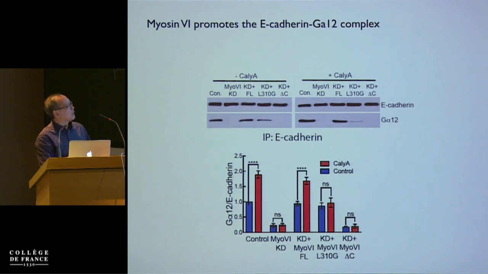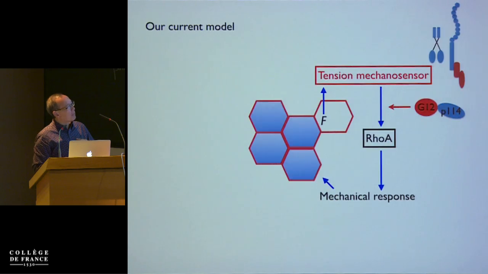And again, one piece of data, namely if we just do IPs, co-IPs, looking at the amount of G-alpha-12, the upstream Rho activator, that binds to E-cadherin, it goes up when we apply force, but it doesn't go up if we knock down myosin 6 or replace the myosin 6 with this force-insensitive mutant of myosin 6. So the pathway, we think, looks something like this, where myosin 6 is the tissue mechanosensor that then entrains this Rho signaling pathway. This would, as I mentioned before, be a kind of a universal thing.